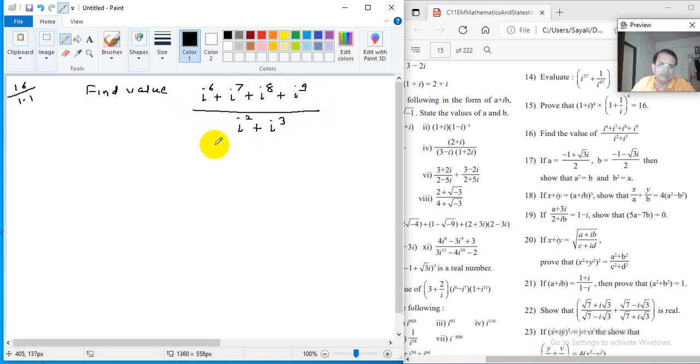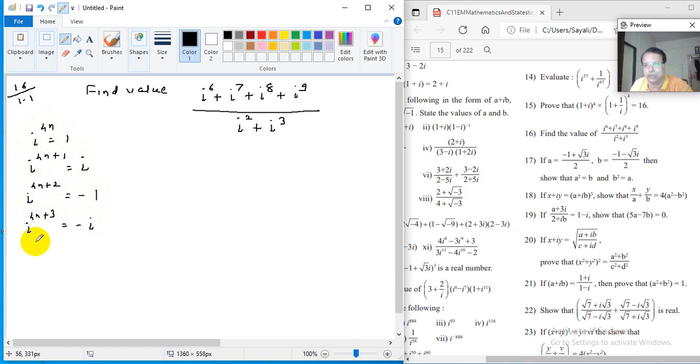Now it is very simple. You have to remember this formula. i raised to 4n is 1. i raised to 4n plus 1 is i. Then i raised to 4n plus 2 is minus 1. And finally i raised to 4n plus 3 is minus i.